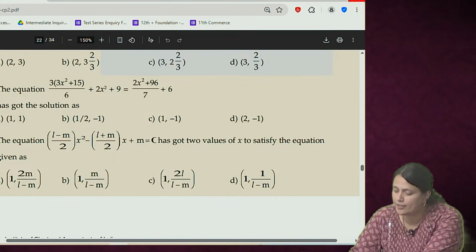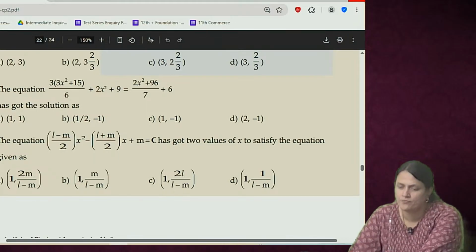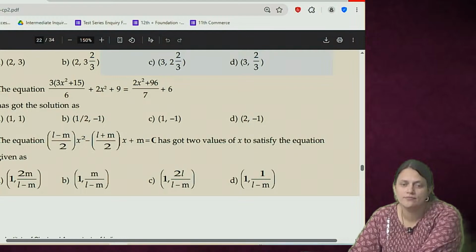So I have to write it down. Which is the correct option? बघा मागे बघा. Directly I'll show by the method of substitution.